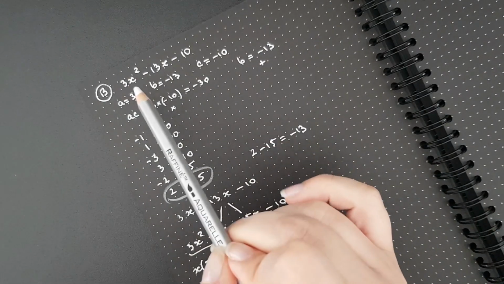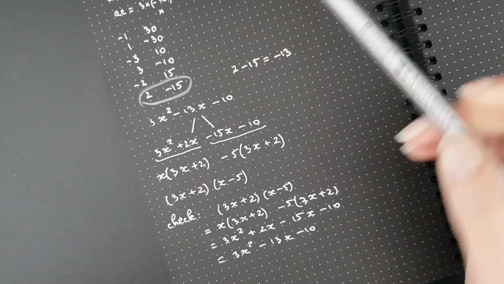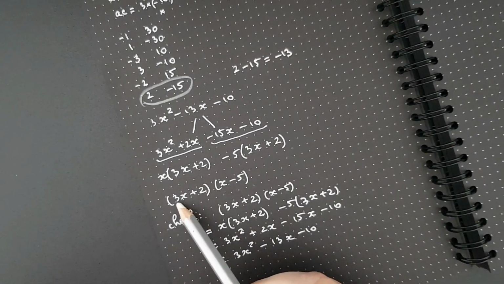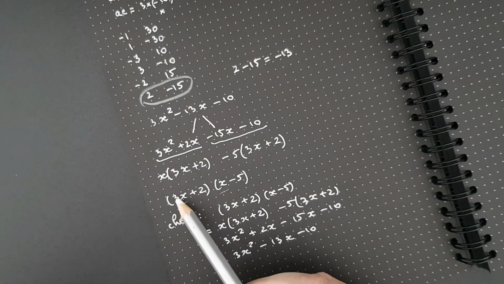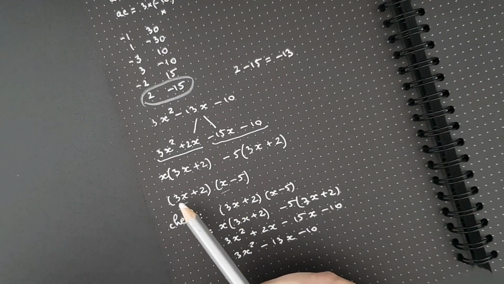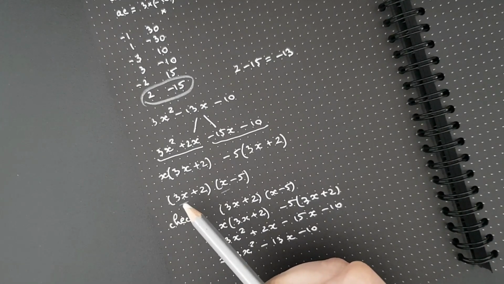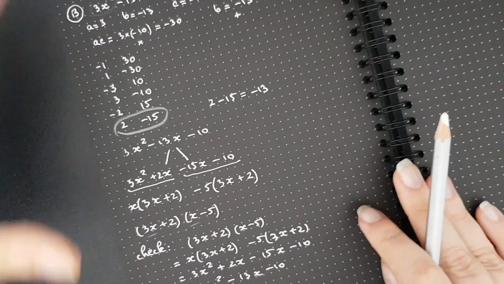Also, because this one had a 3x squared at the start, it was obviously my brackets would have an x and an x, but to give me the 3x, again, it was quite straightforward that one of my brackets had to have the 3 in front of the x to make sure we actually got the right things in there. So I think, again, this is quite fascinating, and I just love it.